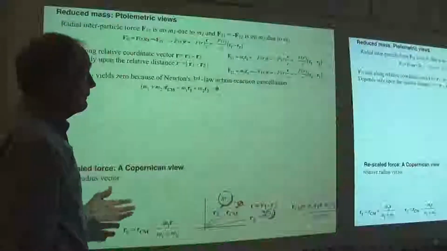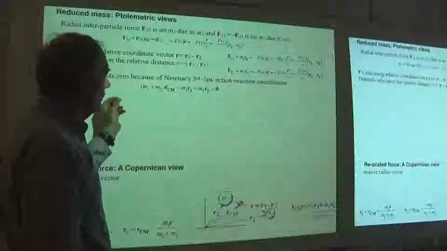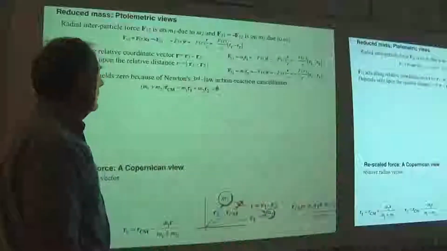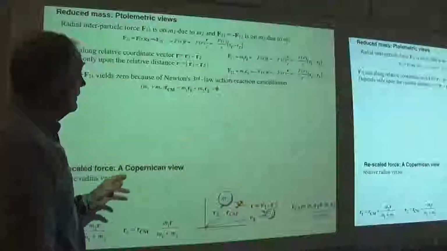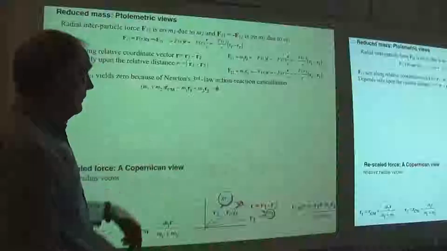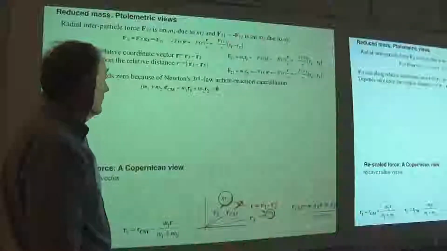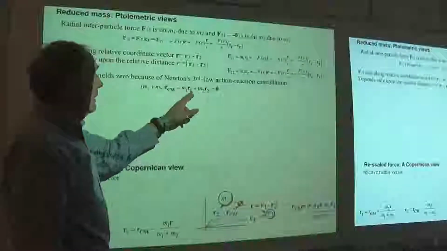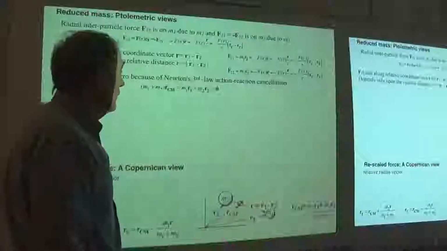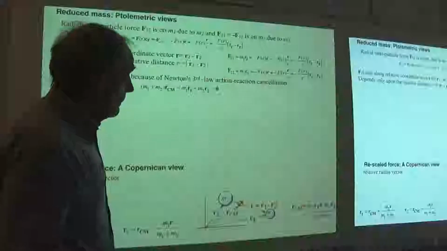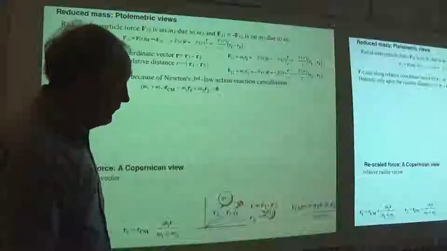the basic idea of conservation of momentum, or you could call it Newton 3, the basic thing that leads to it is the idea that the action-reaction cancellation occurs perfectly. If we add the MA of those two, we will get exactly 0.